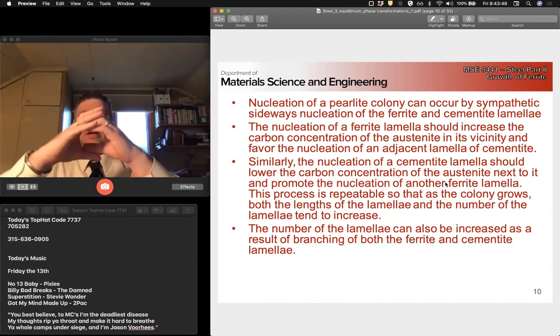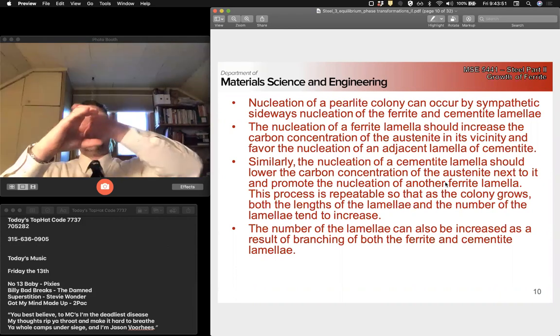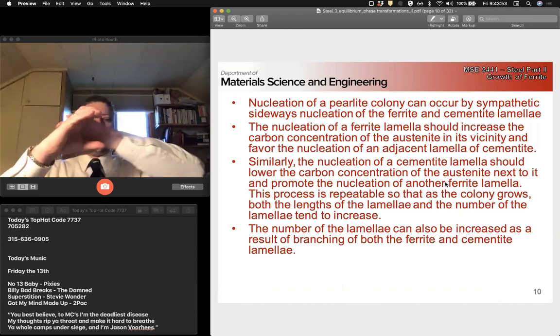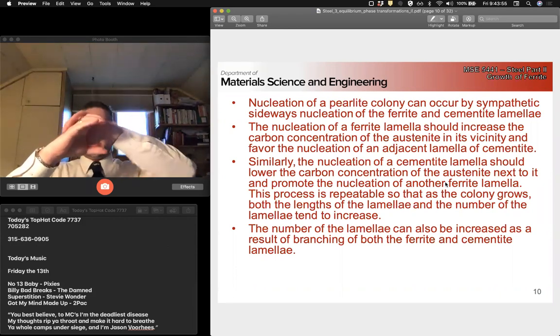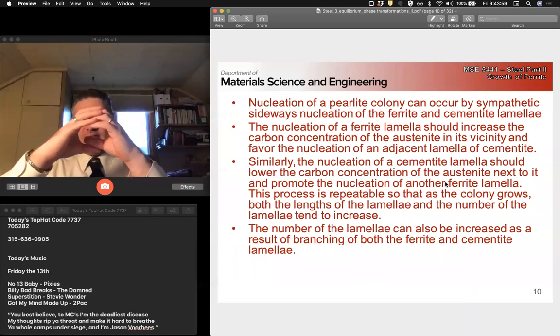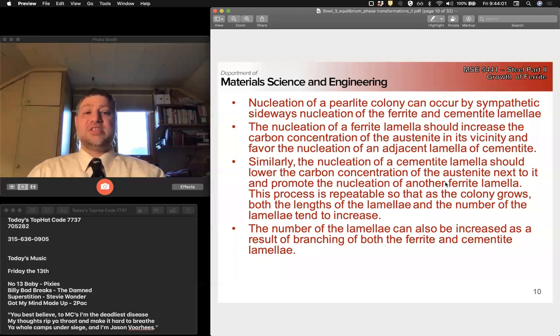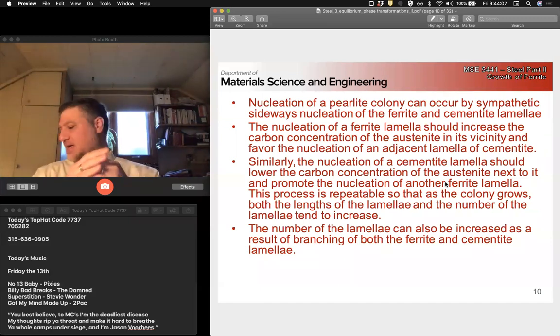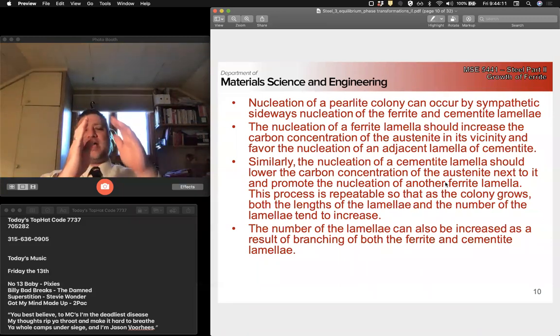So I've got a little nucleus here with austenite all around. I now have an elevated amount of carbon, right? Similarly, if I nucleate cementite, it's going to suck the carbon in. So around my cementite layer, I'm now going to have a region that is depleted of carbon.